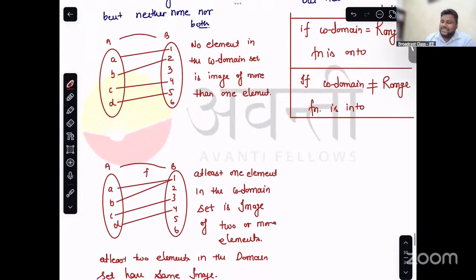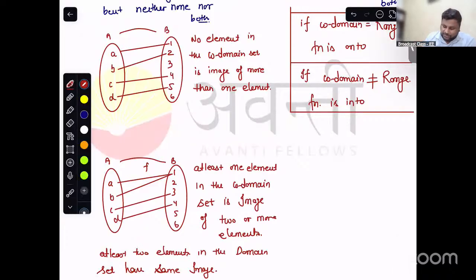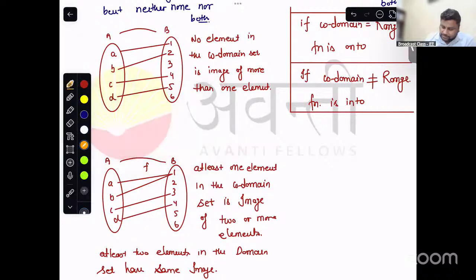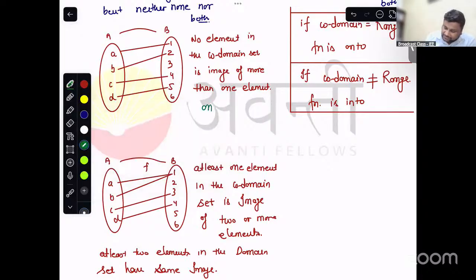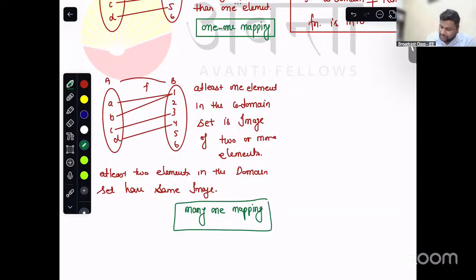So this is the basic understanding behind one-one and many-one. This is one-one mapping. And this is many-one mapping. Am I clear?